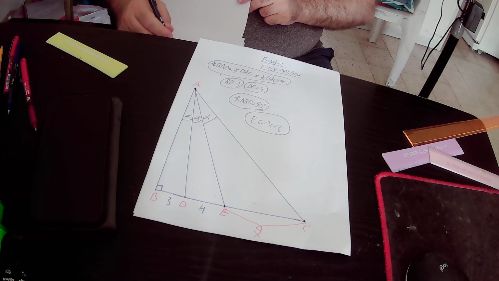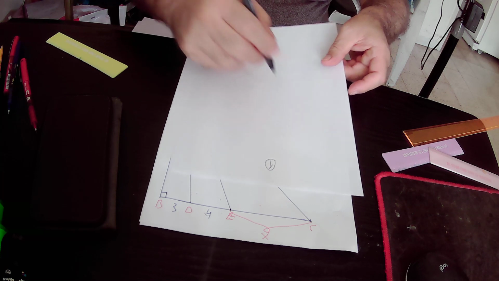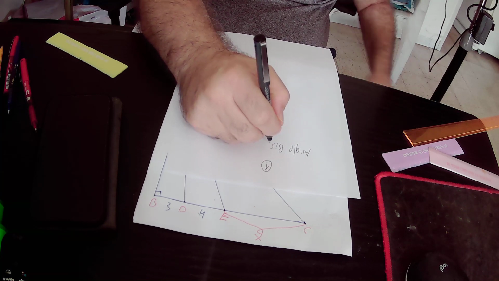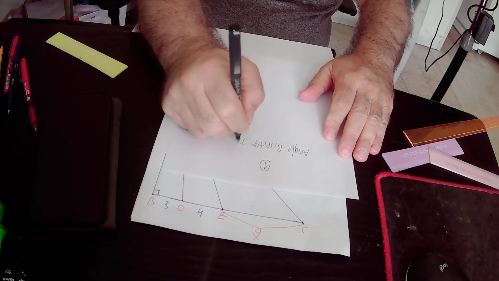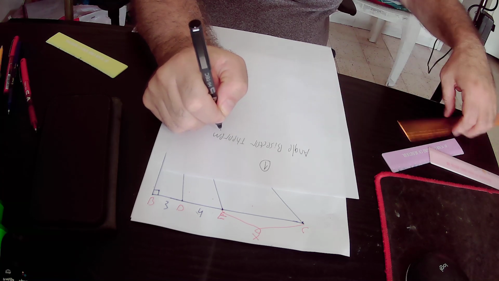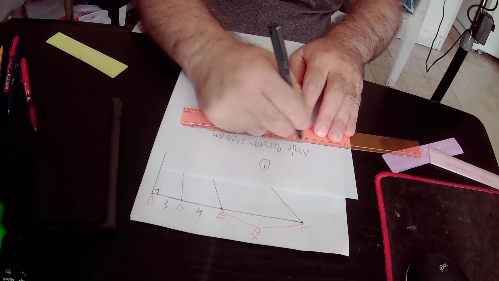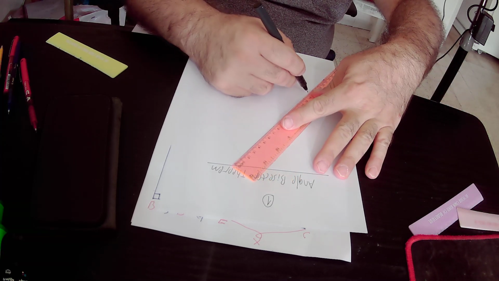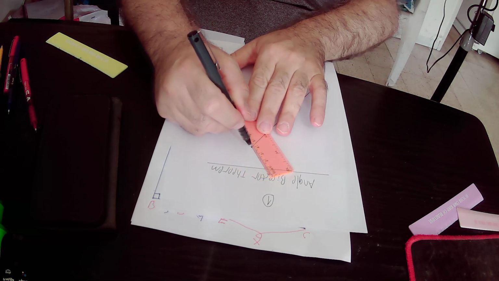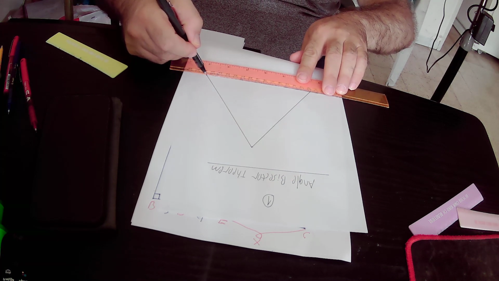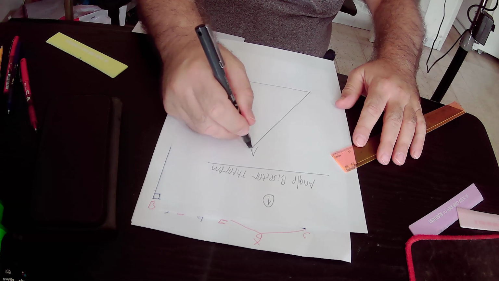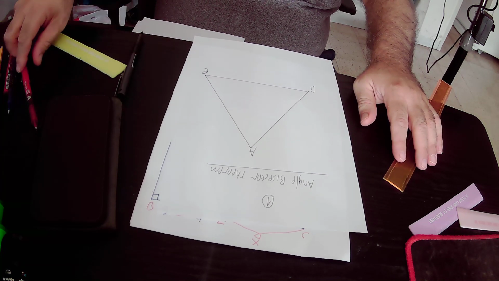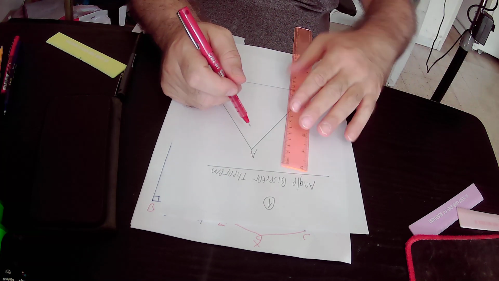What is the angle bisector theorem? Actually, if we have a triangle ABC, and AD is angle bisector.